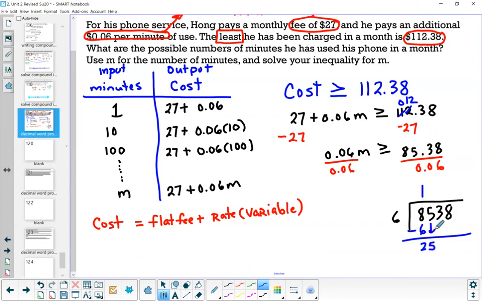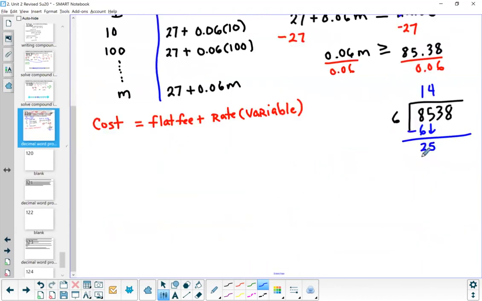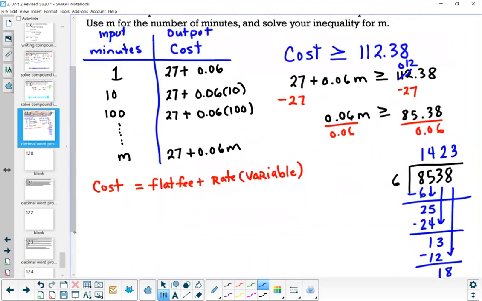All right, 25 divided by 6 is 4. Thirteen divided by 6 is 2. And then 18 divided by 6 is 3. Okay, so that leaves us with M is greater than or equal to 1423 minutes.